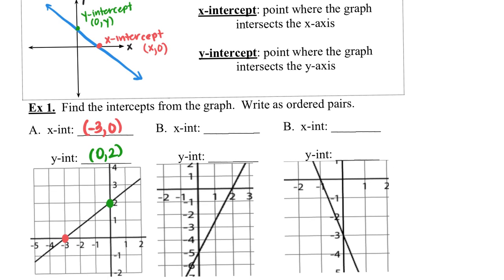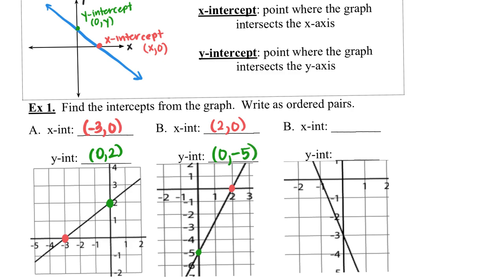Let's look at this B graph. Let's do x-intercept first. Here's the x-axis right around there. So the x is 2, the y is 0. The y-intercept intercepts right there at the -5, but I'm going to write my answer as 0, comma -5.